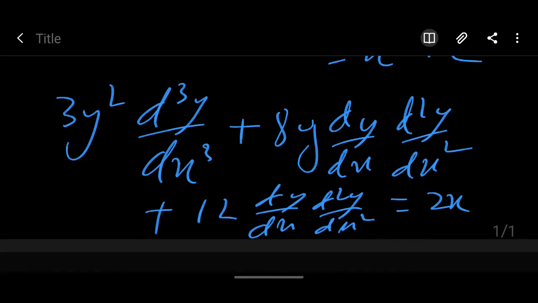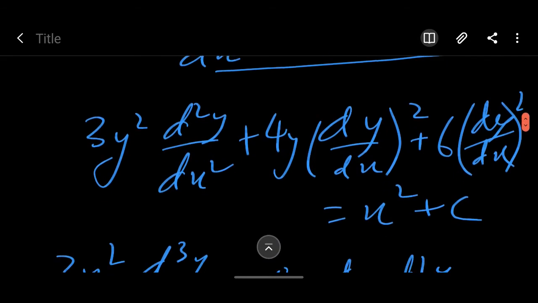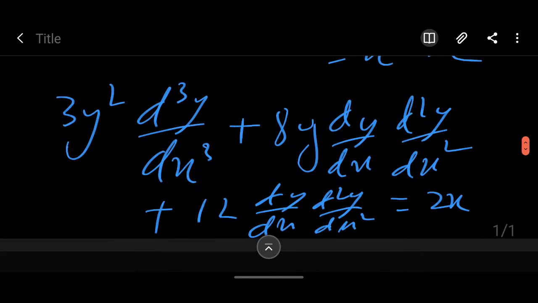So if we differentiate this equation with respect to x, then we obtain this equation, 3y squared d 3y by dx3, and so on.